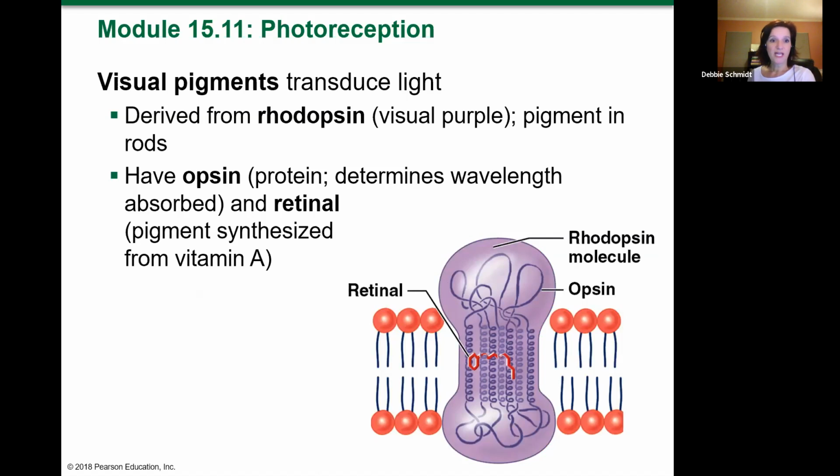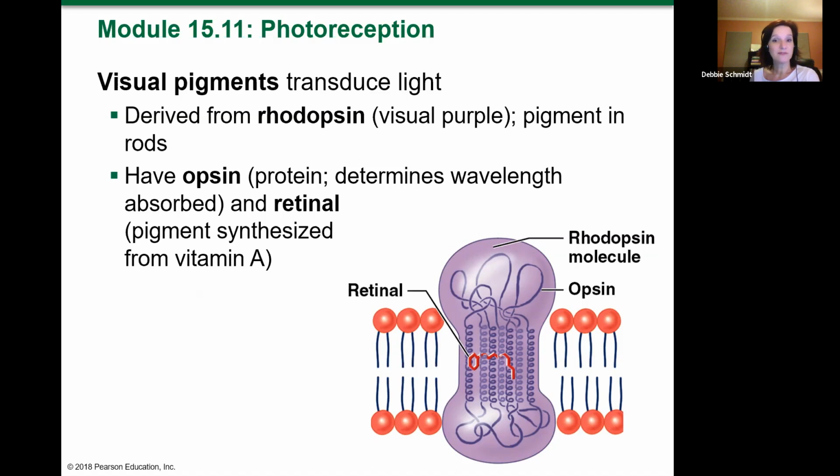Now visual pigments. This is where the magic happens. Visual pigments are derived from something called rhodopsin, which is visual purple pigment, and this is in the rods. It has two parts. It has an opsin molecule. It's a protein, and it determines which wavelength is absorbed.